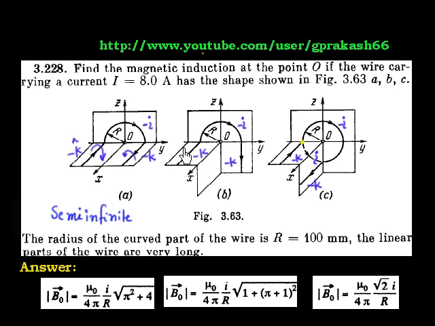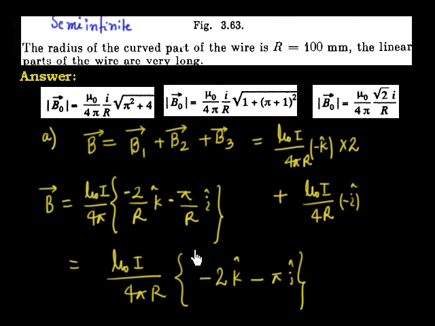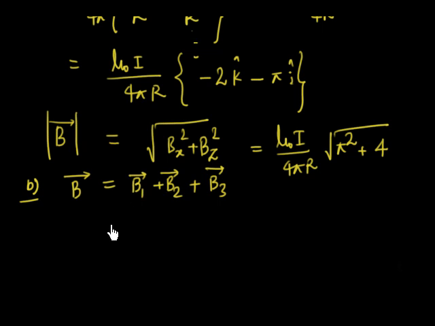So this is bar number 1, this is bar number 2, and this is bar number 3, and I have to find the magnetic field due to these bars. So first is mu naught I by 4 r, minus k. So this is mu naught I by 4 r, and this is minus k. Are you getting or not?